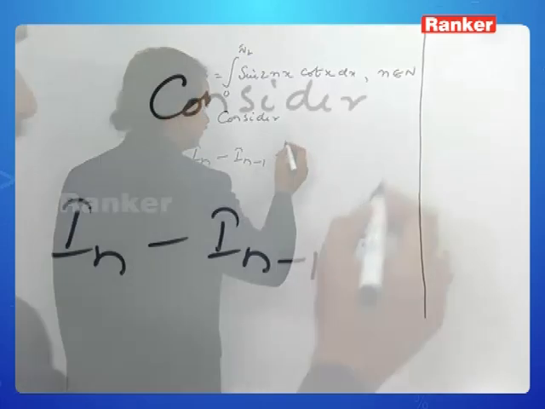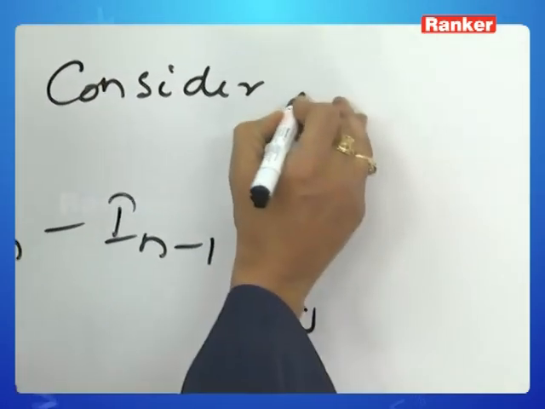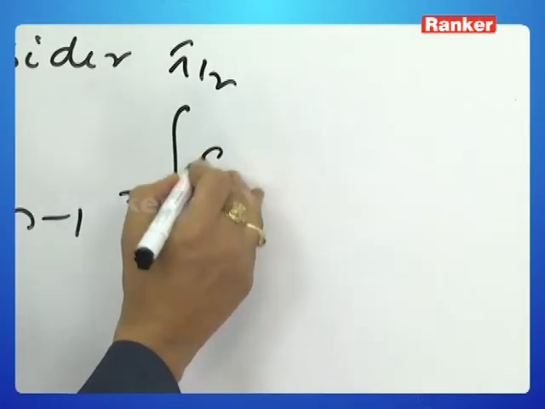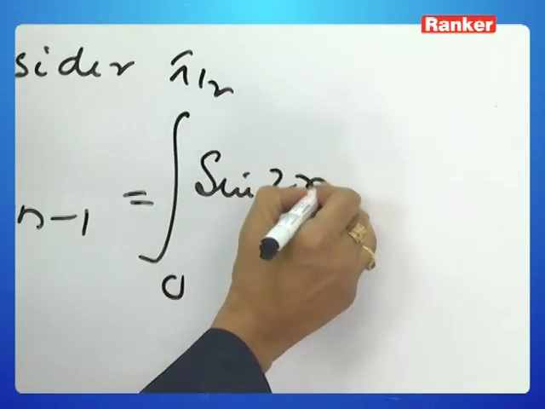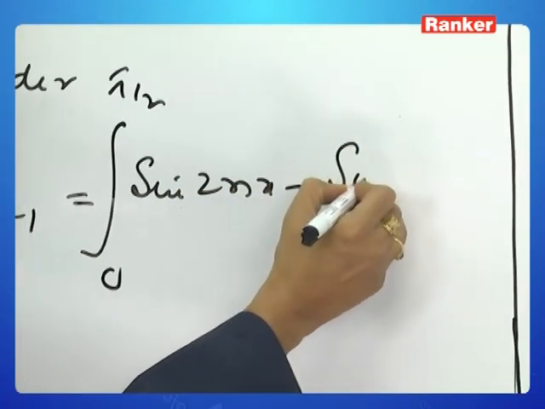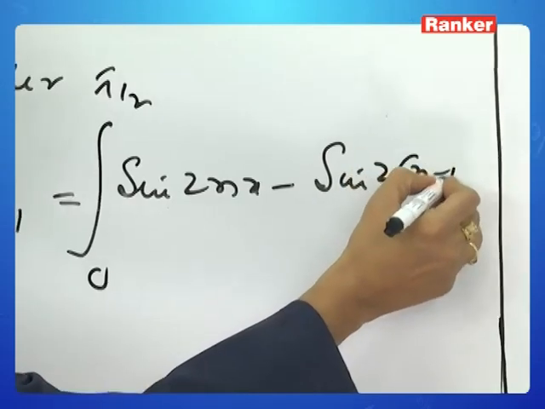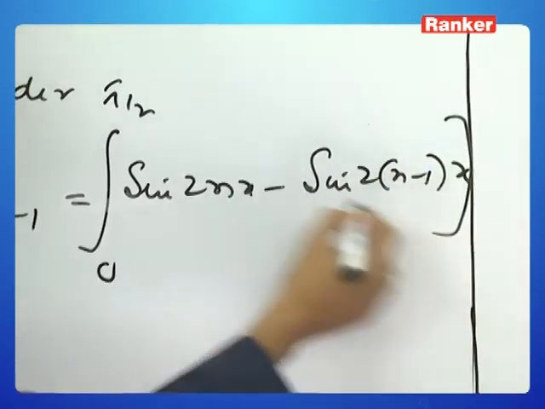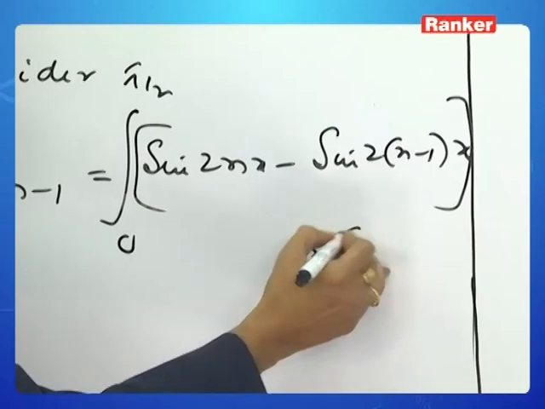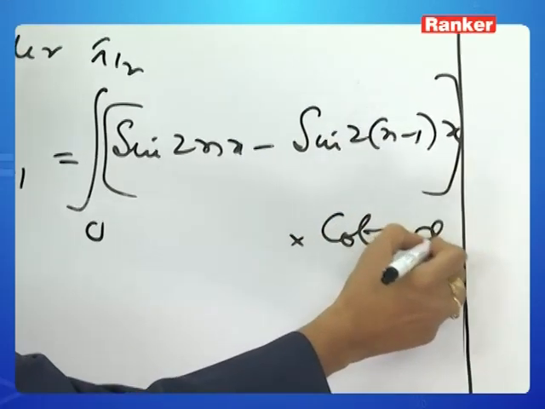This is equal to integral 0 to pi by 2 of sine of 2nx minus sine of 2 into n minus 1 x, into cot x dx.